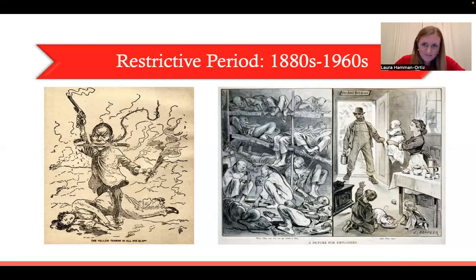And so the answer there is getting them out so that they can get these jobs back. So this was the discourse around immigration and immigrants in this country during this time period, which again was ironic given that many of these immigrant communities were actively recruited to work in different industries that were growing at the time in the United States.